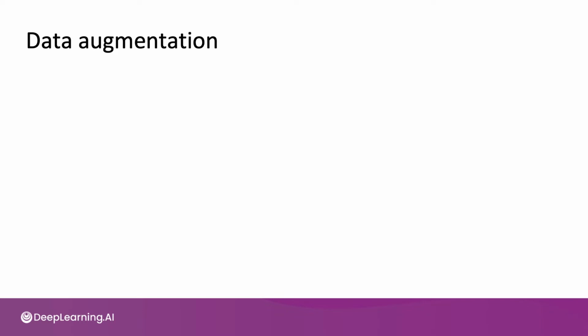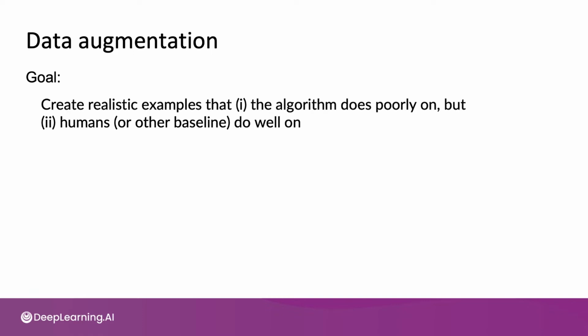The goal of data augmentation is to create examples that your learning algorithm can learn from. As a framework for doing that, I encourage you to think of how you can create realistic examples that the algorithm does poorly on, because if the algorithm already does well on those examples, then there's less for it to learn from. But you want the examples to still be ones that a human, or maybe some other baseline, can do well on.